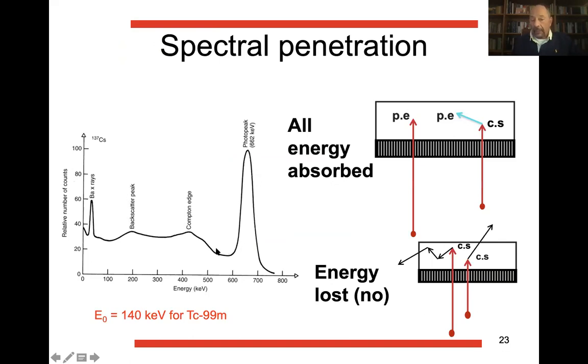And then, of course, you have a lot of residuals here corresponding to the Compton edge, to the backscatter peak, and to the X-ray emission specific from different targets. So you don't want to have energy loss, like in this case. You want to stay in a situation where all the energy is absorbed.